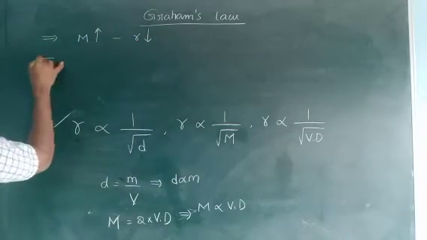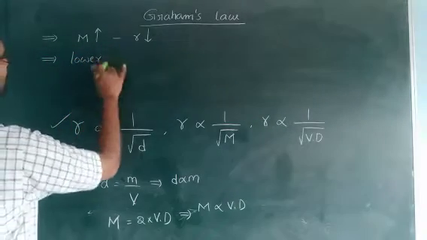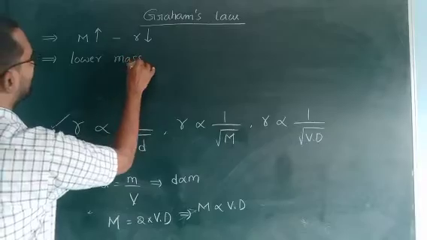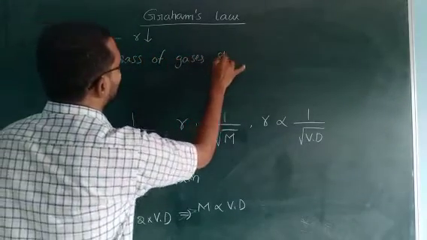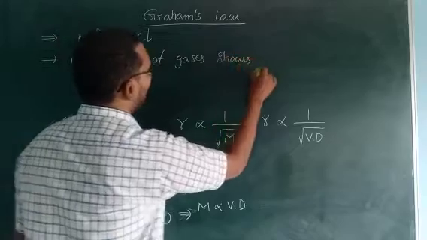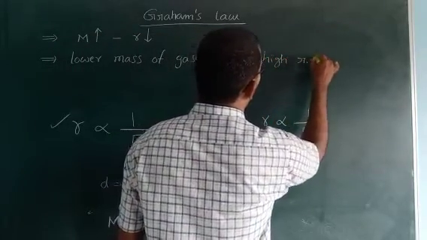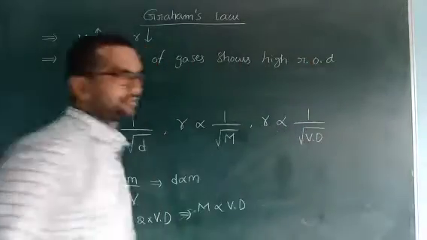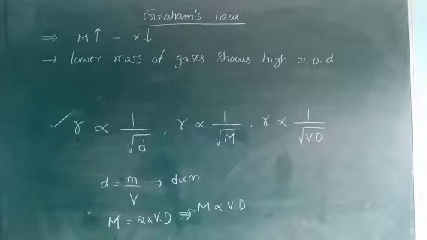So lower mass gases show a high rate of diffusion. ROD means rate of diffusion. Okay, ready? Now one example.